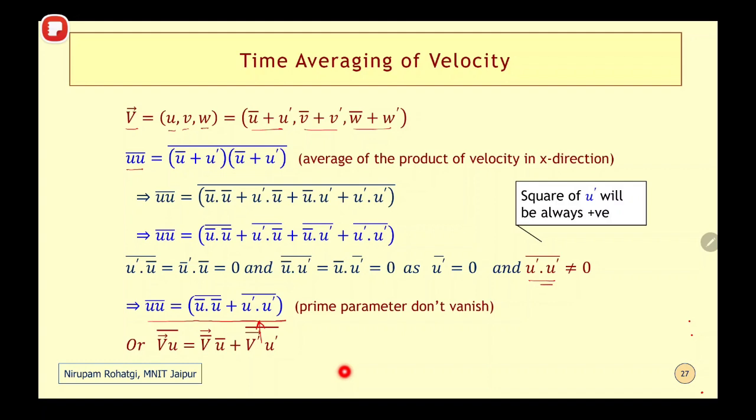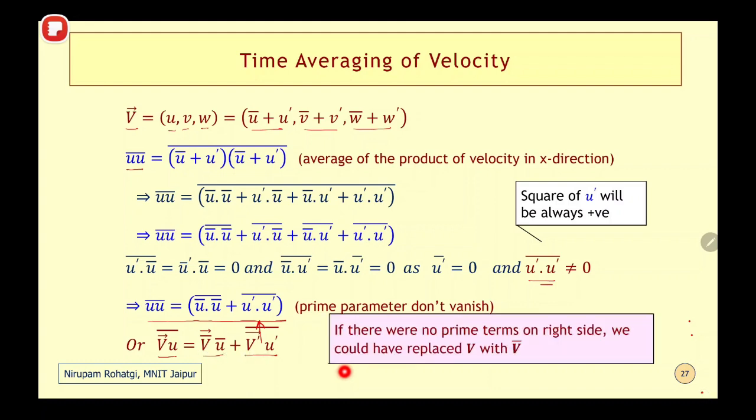In other words, if you are talking about v into u, this is a multiplication of the velocity vector with one component of velocity, and you are going to get these components. If there were no prime terms on the right side, we could have replaced v with v bar.